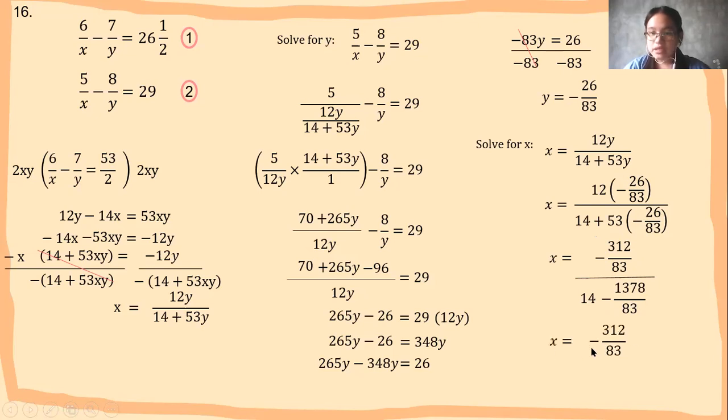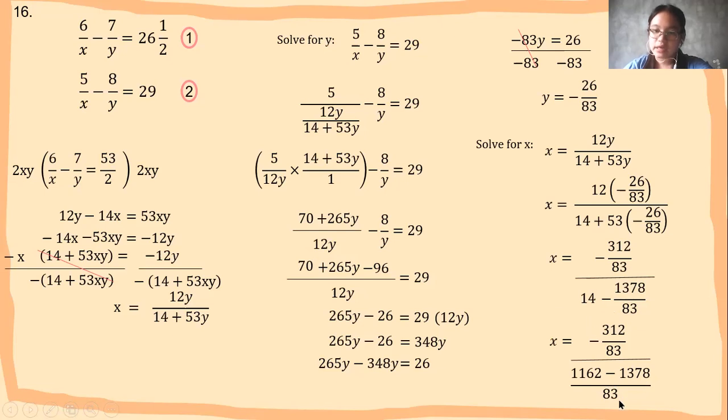Then negative 312 over 83. Let's find the LCD, which is 83. Since they have the same denominator, let's just copy the negative 1,378.